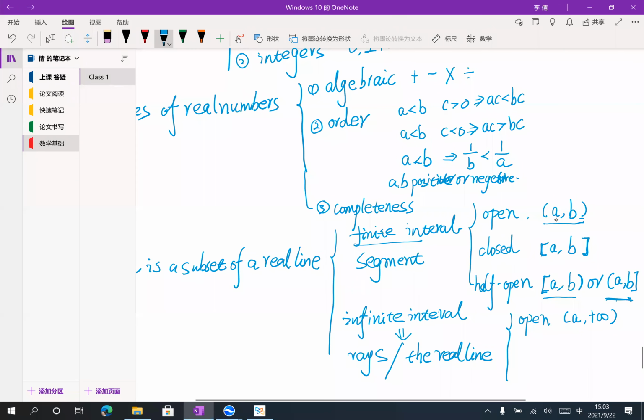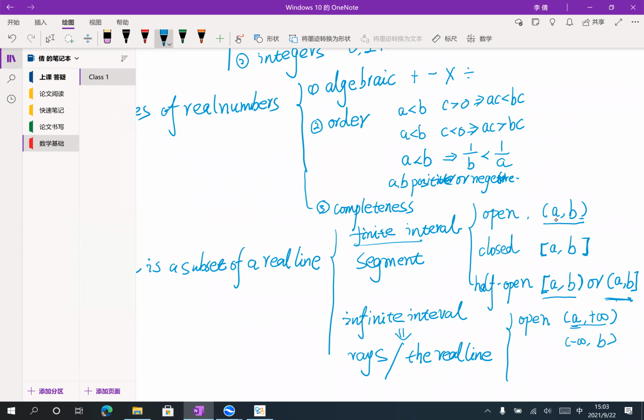This means the interval doesn't contain the point A, and all the numbers larger than A are in this interval. So this is an open interval, or an interval like negative infinity to point B.